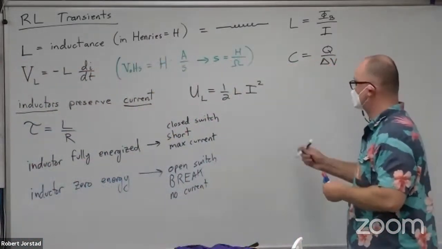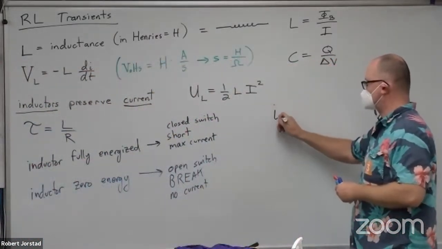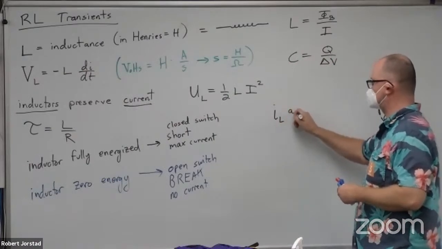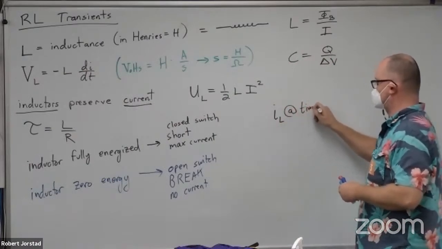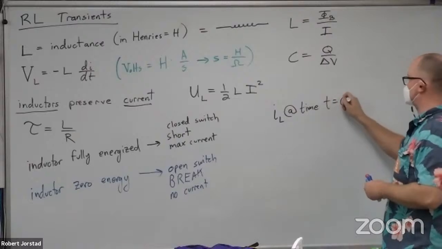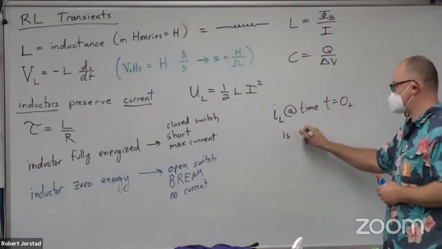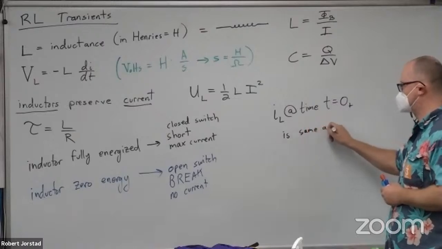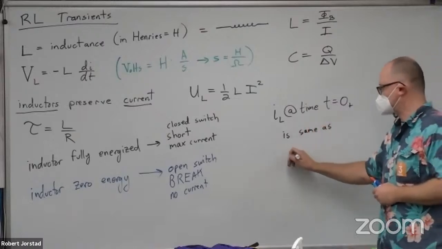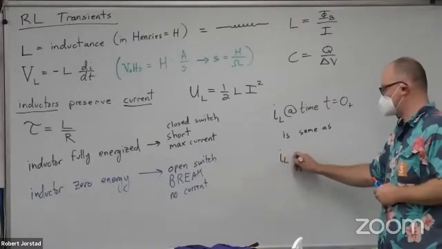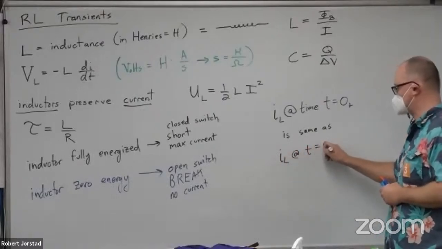So the current through the inductor at time t equals 0 plus is the same as the current through the inductor at t equals 0 minus.